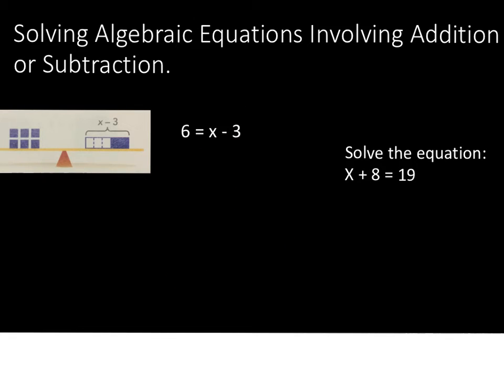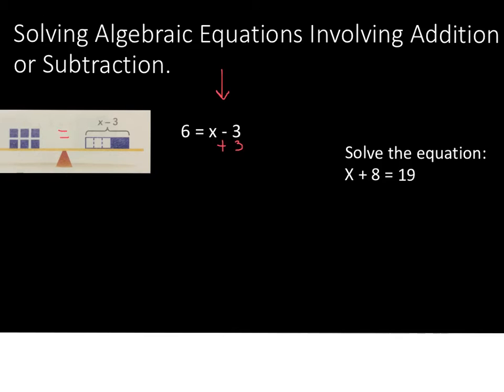This works the same way with addition. So right here I have 6 equals, and this is x minus 3. I have some units and I'm taking away 3 of them. So again, to solve this equation, what I'm going to do is to get x by itself over on this side, I'm going to add 3.